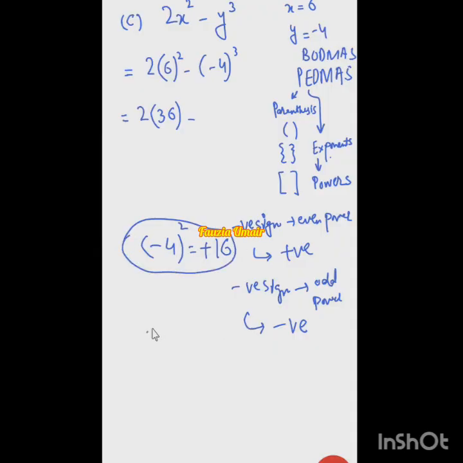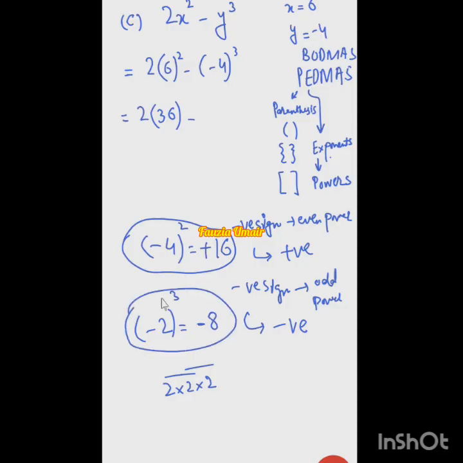But if there is a negative sign, let's say minus 2, and the power is odd, then what would be the sign? Negative. Now 2 cube is 2 multiplied with itself 3 times. So 2 twos are 4, 4 twos are 8. Minus 8 is the answer. You have to remember this.